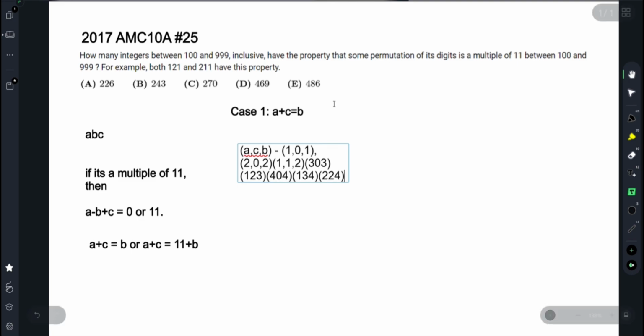So what we're doing is we're just doing A plus C is equal to B. So 3 plus 0 is 3. 1 plus 2 is 3. So we can just do this all the way down. There's about maybe 20 pairs, and this is pretty fast.